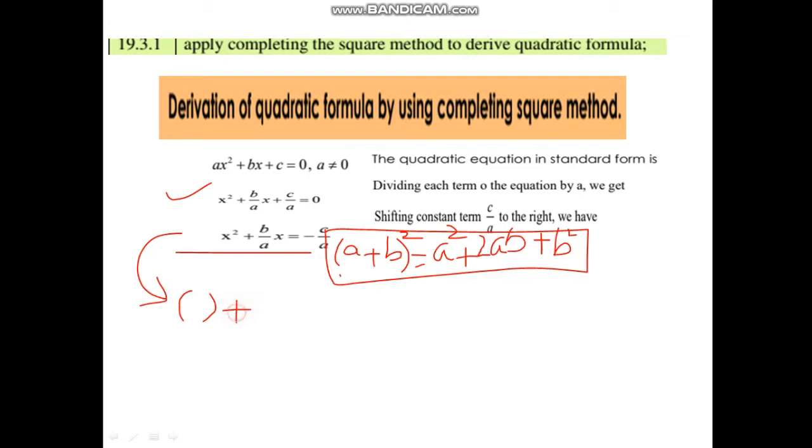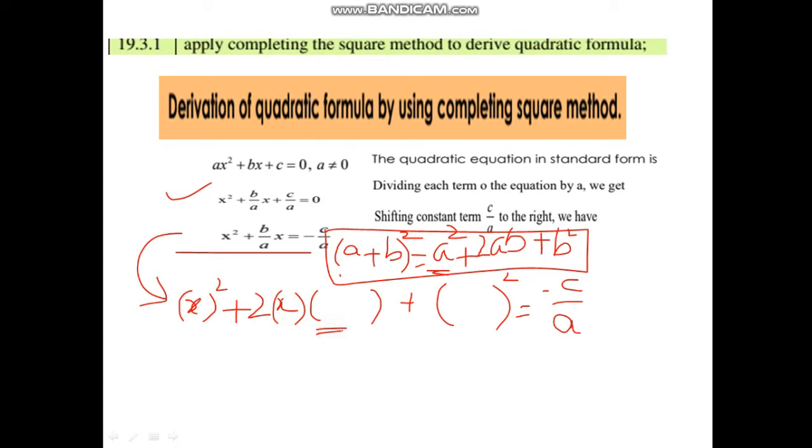A square plus 2ab plus b square is equal to minus c by a. Now see, in the place of a there is x, so x square, here will be x, and we have to find this b now.